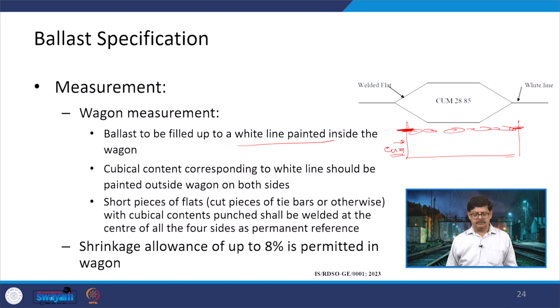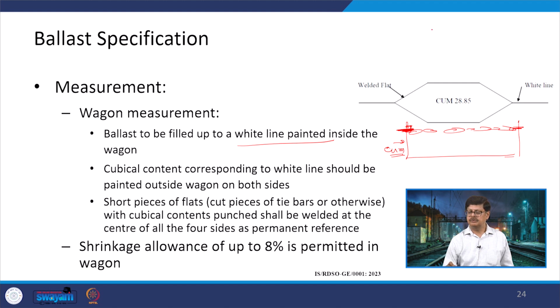Short pieces of flats, cut pieces of tie bars or otherwise, with cubical contents punched, shall be welded at the center of all the four sides as permanent reference. So, inside there is going to be this tie bar material which is being provided.